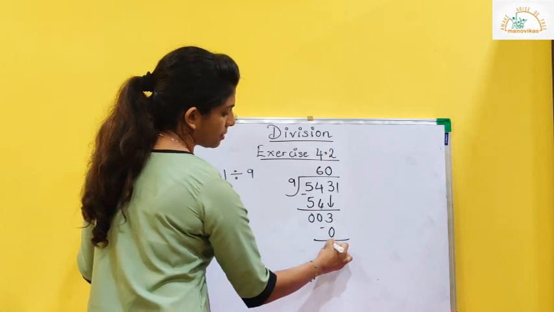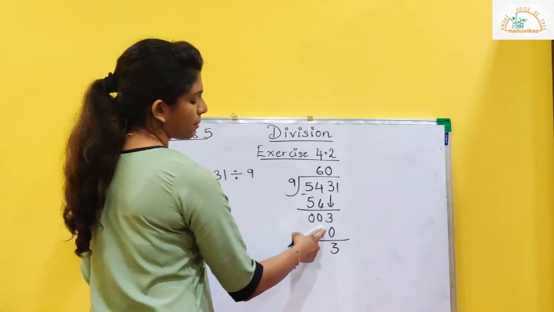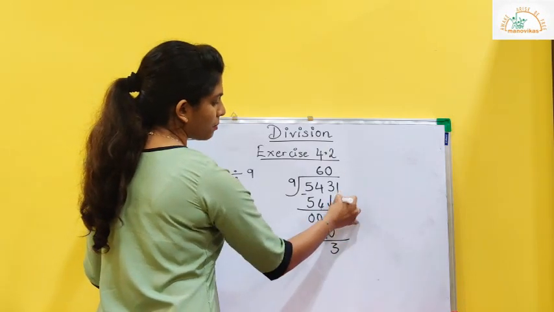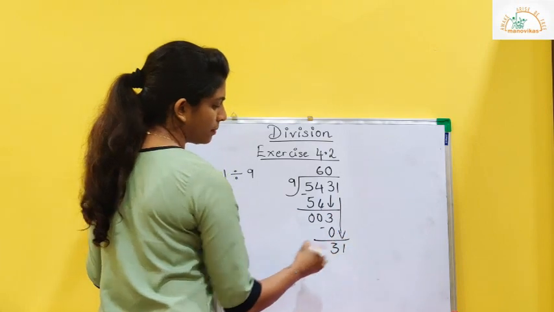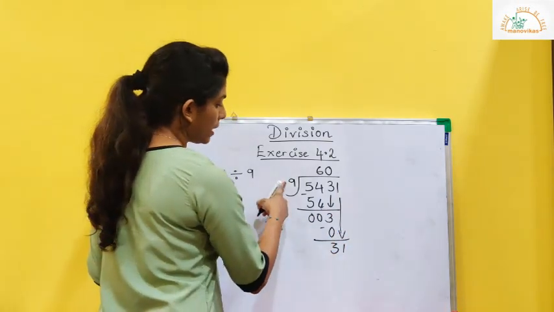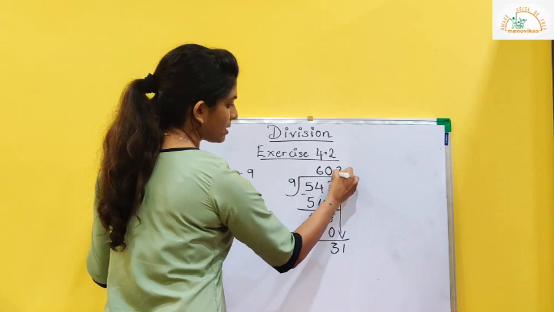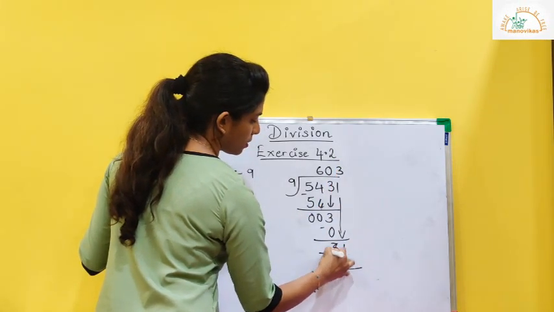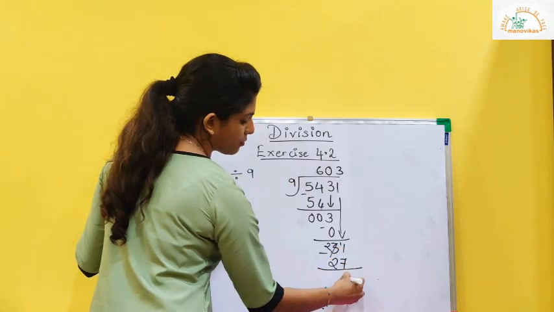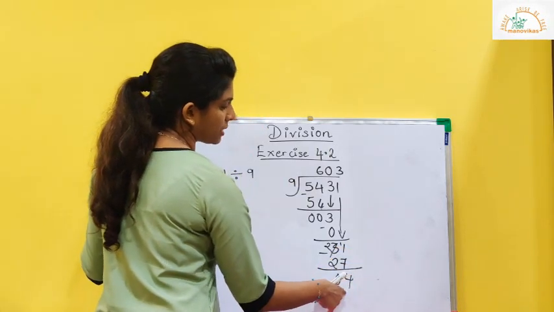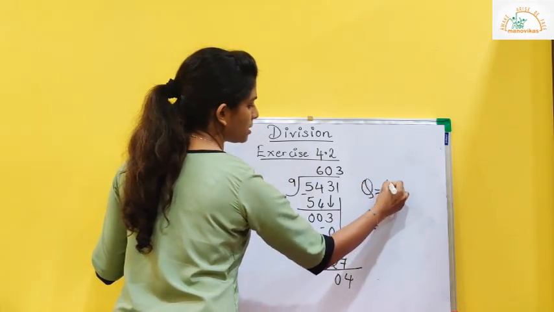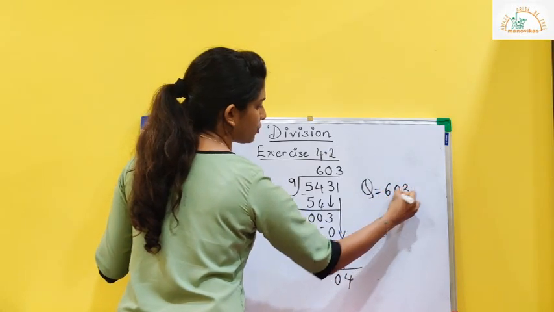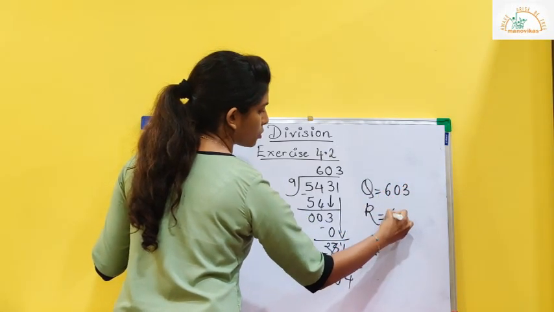I get 3 minus 0, 3. Bring down 1. Okay, now 9 3s are 27. So 31 minus 27, 4. I get remainder as 4. The quotient here is 603. Remainder is equal to 04.